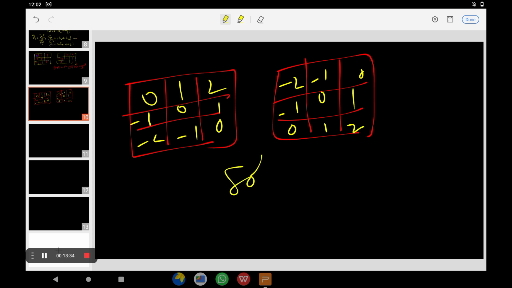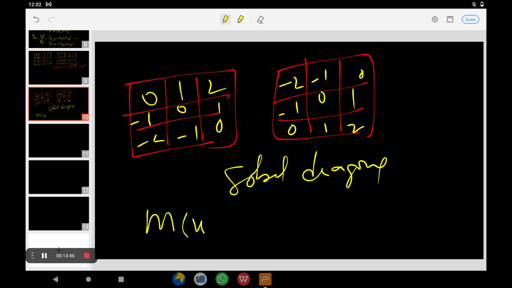This is for Sobel for diagonal. These are the different filters available for finding the corresponding values in the gradients. Finally, M of x comma y, the magnitude value, is approximately equal to magnitude of Gx plus magnitude of Gy. By adding Gx and Gy, you can get the corresponding values.